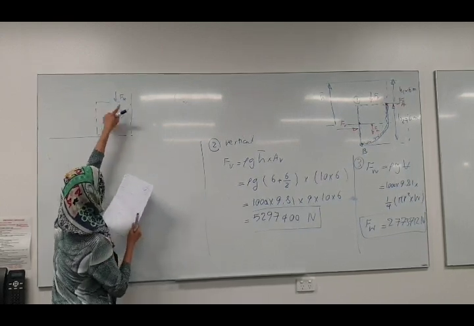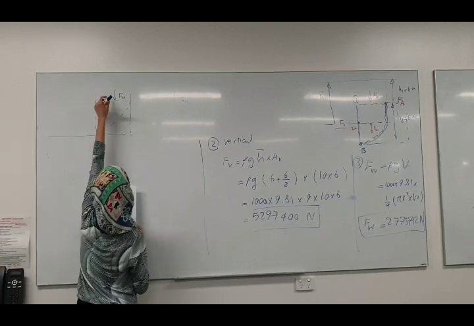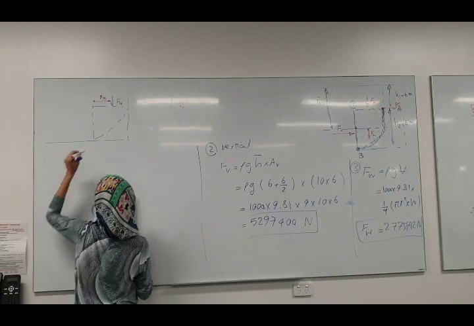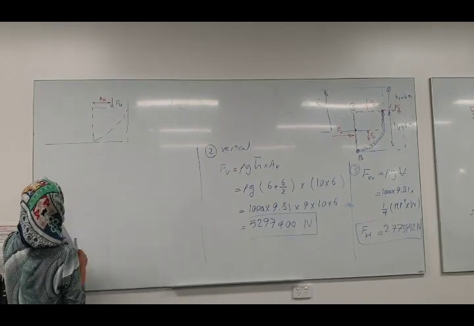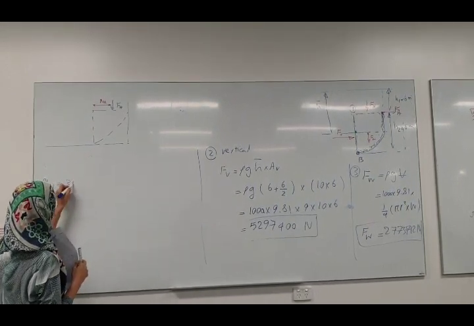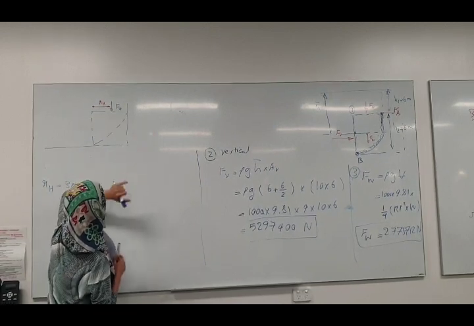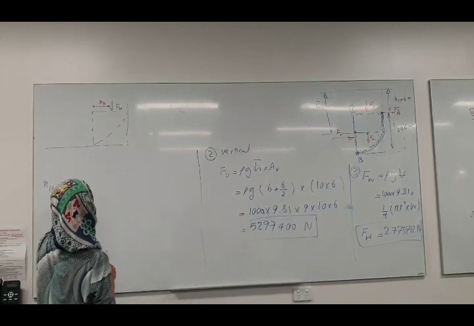It's acting on the center of this surface, so the distance from here, we call it xh, and xh is equal to 3 meters, right? It should be half of this length. This length is about 6 meters, so it's 3 meters.